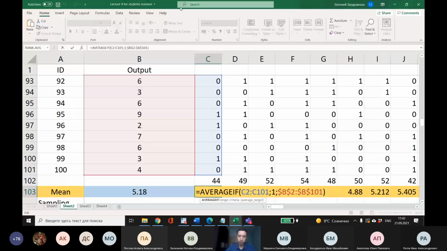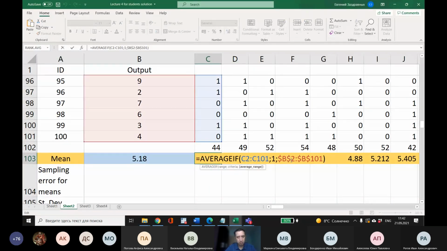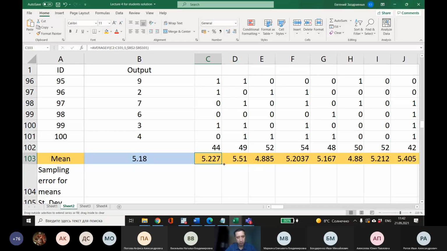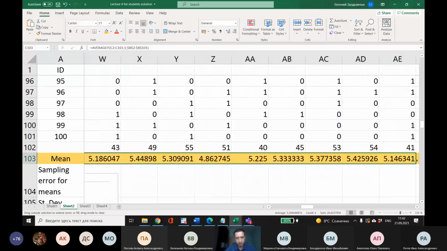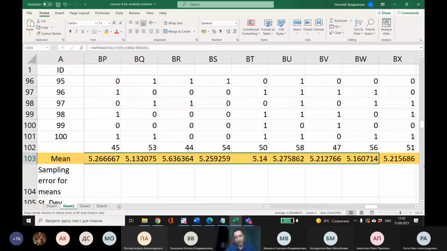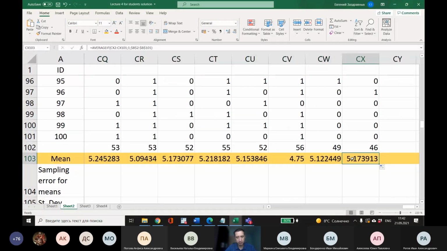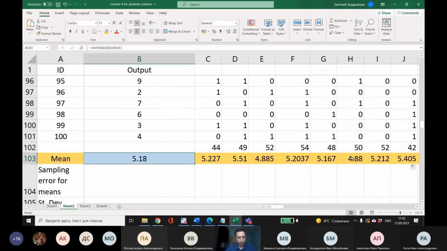Okay. Good, thank you. Well, next, please freeze column B and apply this formula for the rest of the columns. Calculate the same conditional averages for all columns in our data set. Look, we have 100 values. And compare your numbers with mine.